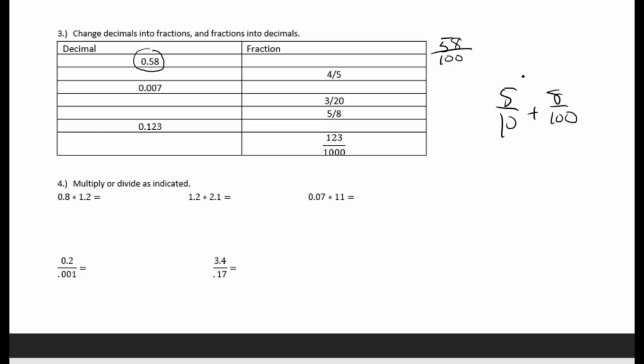I can change 5/10 to hundredths by multiplying by 10 over 10 and get 50/100. And that's fine. 50/100 plus 8/100 is 58/100. So I'm going to get the same answer by this long convoluted way. But if you can recall what I did here, 2 decimals to the right, 2 zeros in the denominator after the 1.